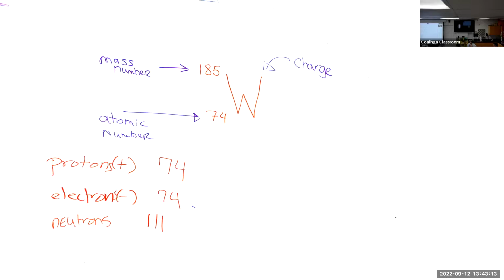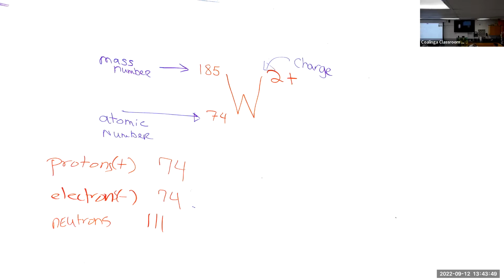So if we have an ion, it's going to have a charge associated. Metals are typically positively charged. There may be an exception every blue moon, but 99.99% of the time they're going to be positively charged, or neutral. If there's a positive charge, that means you're losing electrons.